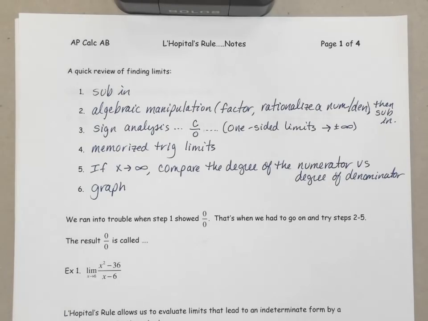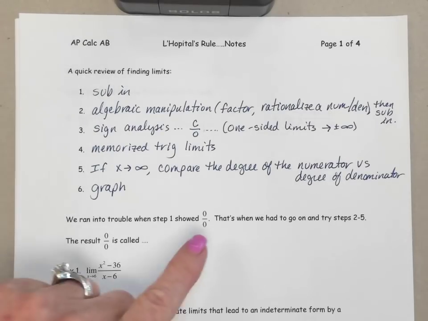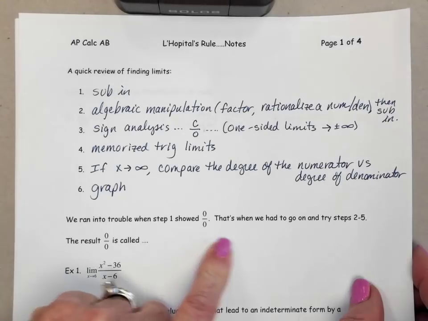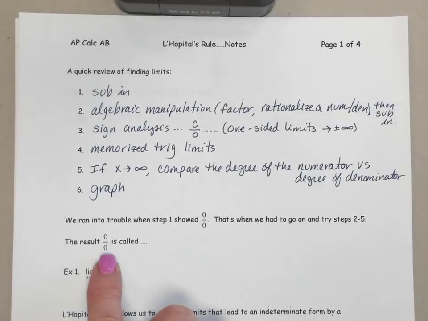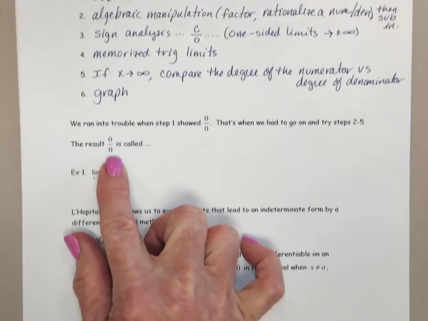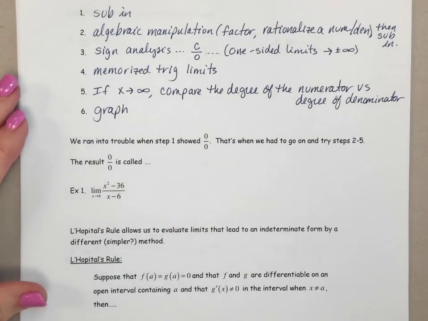Now, we did run into trouble way up here at step 1 when we showed 0 over 0. That's when we had to go on and try those other steps, steps 2 through 5. This result, 0 over 0, is called an indeterminate form.